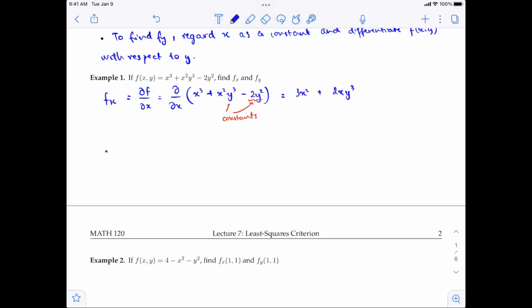Now we move on to the second part, which is the partial derivative of the function with respect to y. Partial f, partial y equals partial y of x cubed plus x squared times y cubed minus 2y squared.